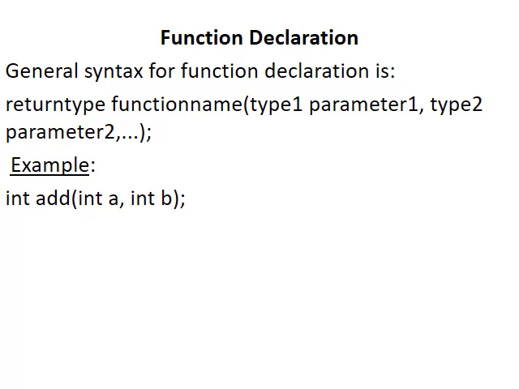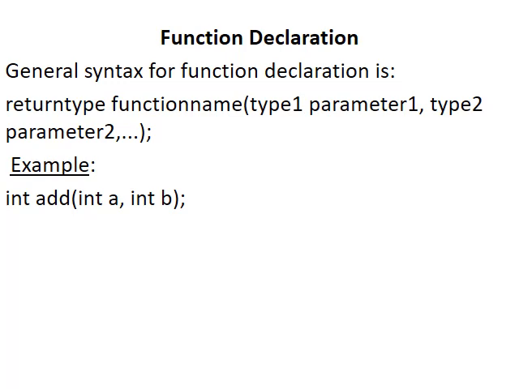Next we have type 1 parameter 1, type 2 parameter 2, like this n number of parameters. These parameters are also called arguments. These parameters specify what input the function takes. Type 1 specifies the data type of the input parameter 1.